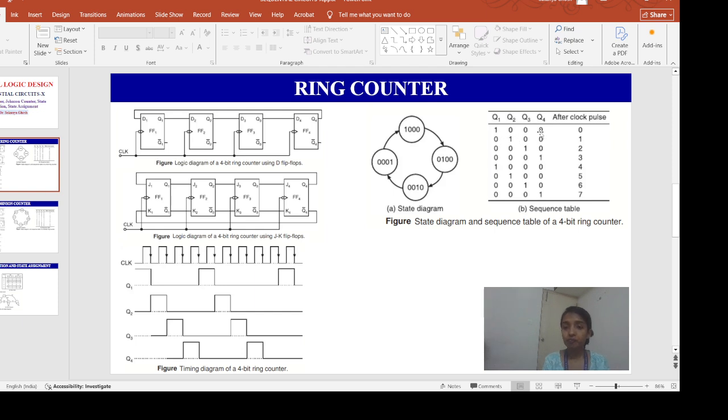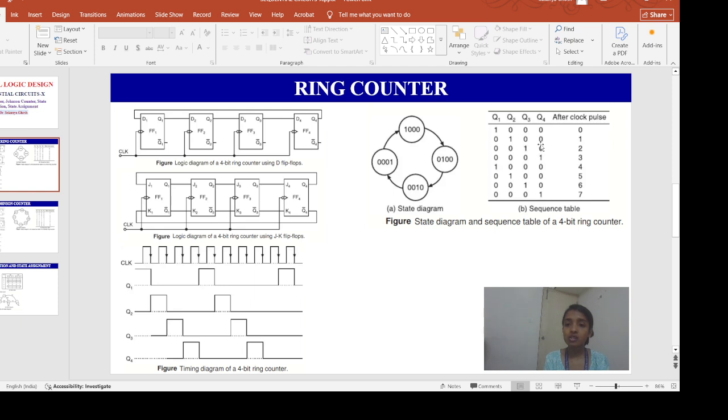Q4 is transferring its bit to D1, so this 0 is coming to Q1, then the right shift is happening. This 1 is coming here, this 0 is coming here, this 0 is coming here. Then after the next clock pulse, again Q4 is coming to Q1, then again right shift, this 0 is coming here, this 1 is coming here, this 0 is coming here.